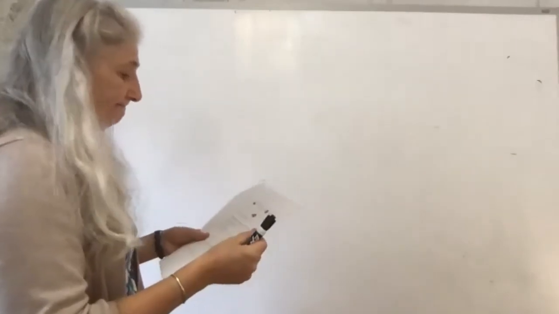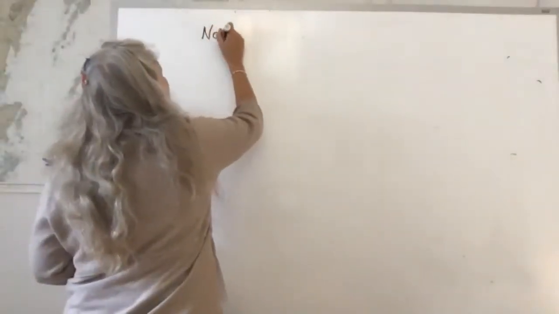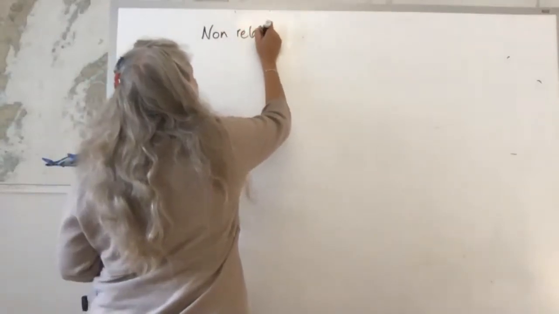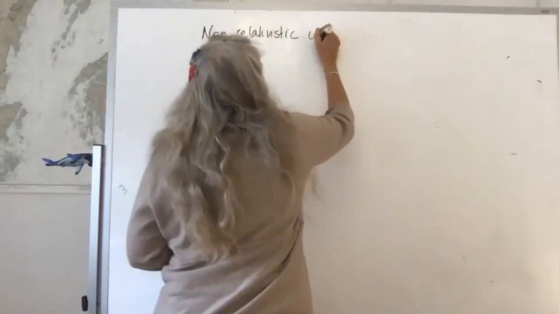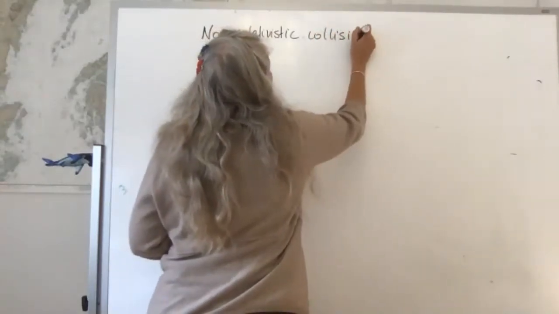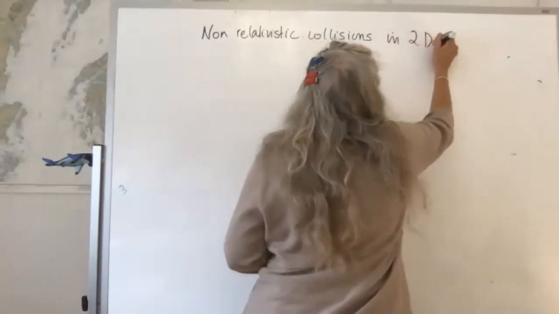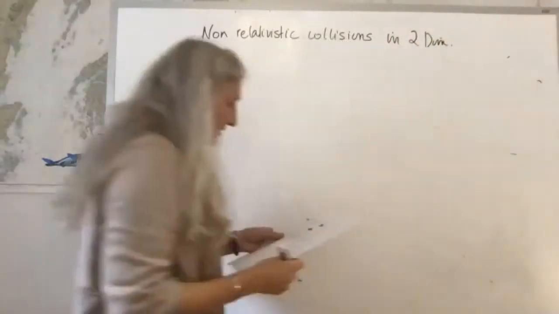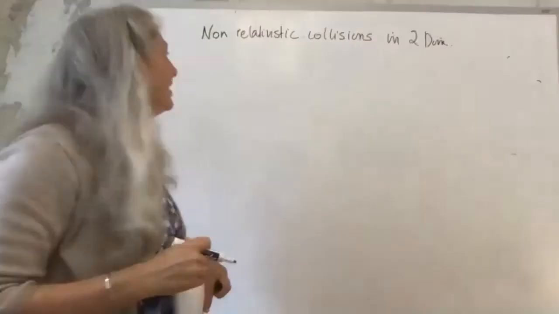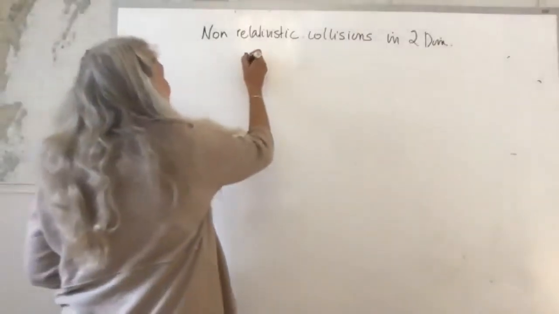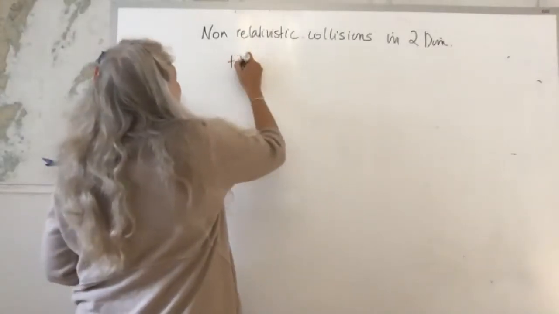Let's do non-relativistic collisions in 2D. So what are our conservation laws? Our conservation laws are momentum, total momentum.